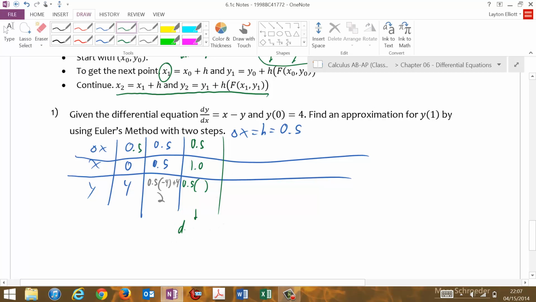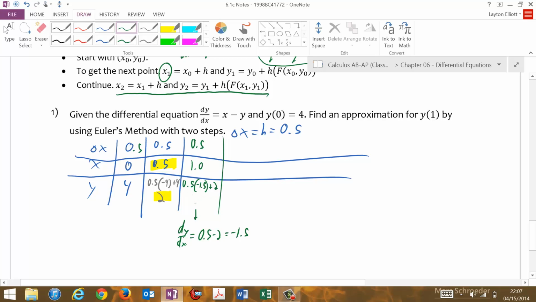So let's do a little sidebar here. Dy dx equals, I want to use the previous point, so this 0.5 and this 2. So dy dx is equal to 0.5 minus 2. Sorry, I thought I had a denominator there. 0.5 minus 2, which is negative 1.5. So I'll go ahead and write that in there, negative 1.5, and then plus the previous y value.